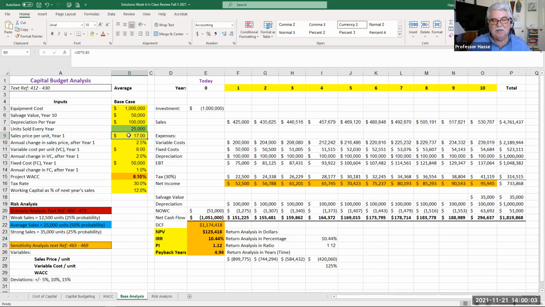Instead of taking 100% of $20, I'm taking 85% of $20, which is a 15% reduction in selling price. That now is $17. It fits into the formulas already set up in my base case, and I end up with a net present value of $123,418 for a 15% decrease in my selling price.